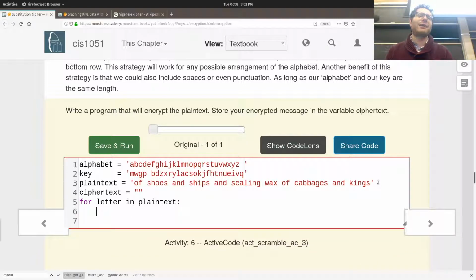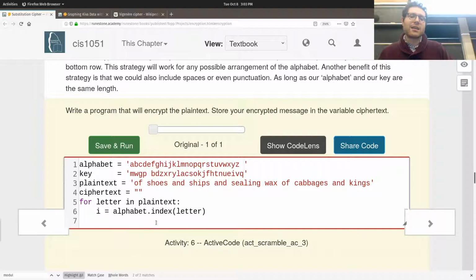first, I'm going to figure out what letter of the alphabet it is by saying index, or rather i, is equal to alphabet dot index of that letter. This variable over here, alphabet. So what does index do?